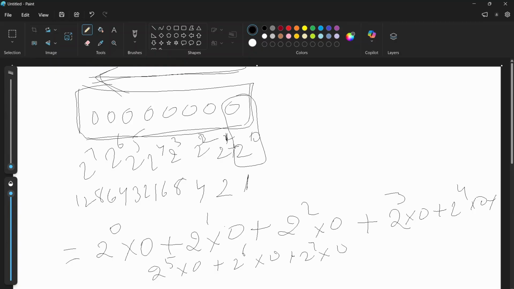Like this we have to write it. 2 power 0 means, as you know already, 1, so I'm writing that here.